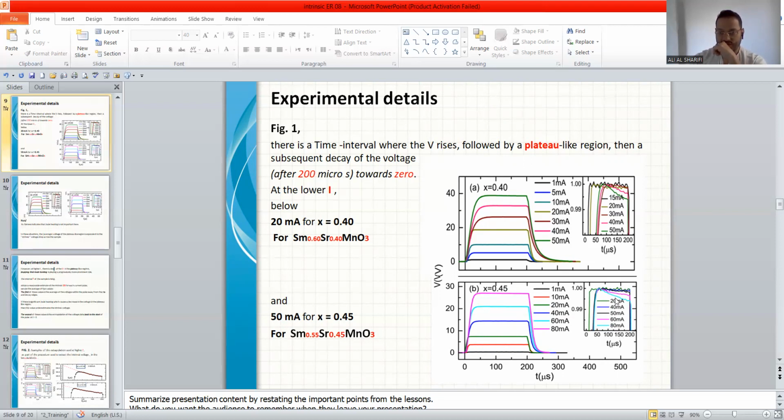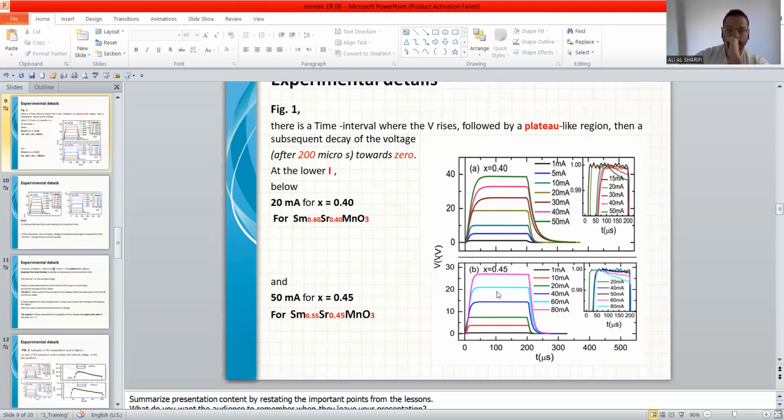Here we note some hysteresis behavior. It's decreasing earlier than the others. All of these are after 200 microseconds. Here, lower current below x equal 40.